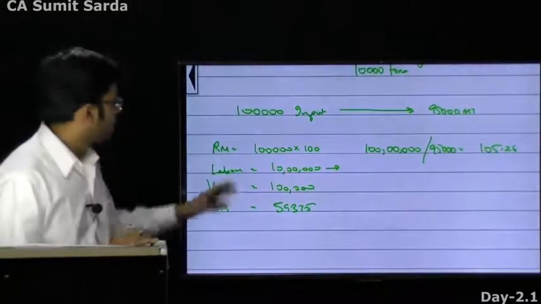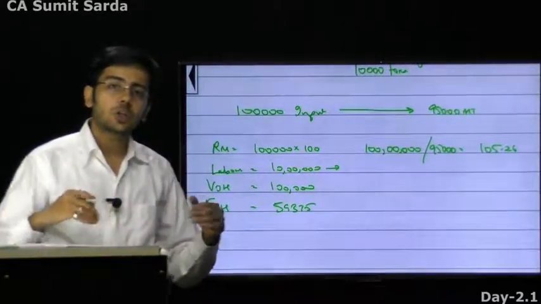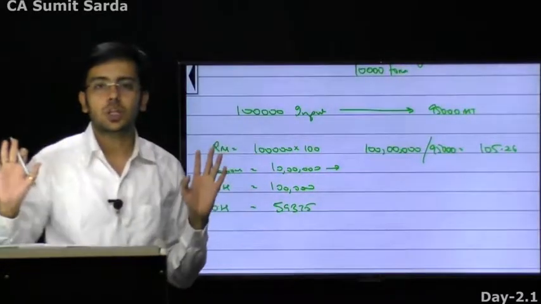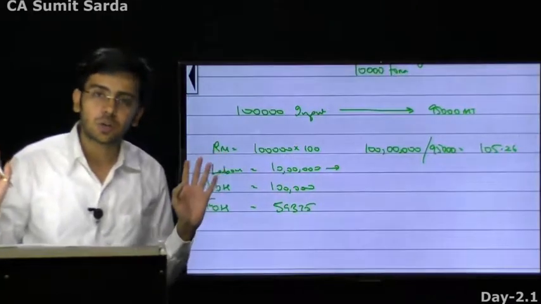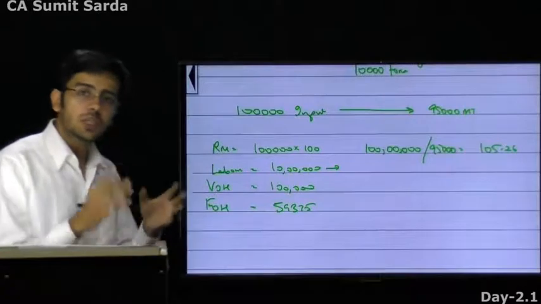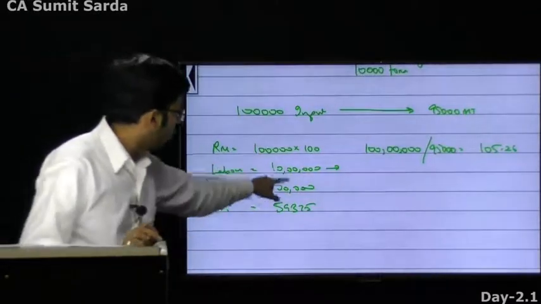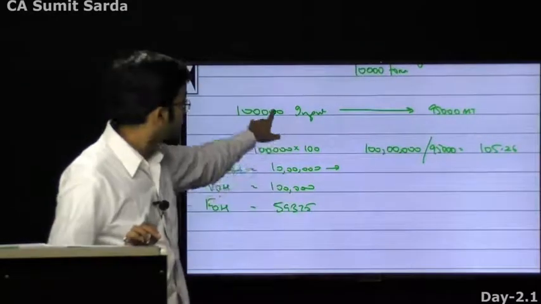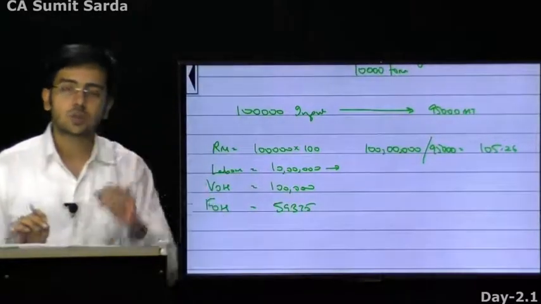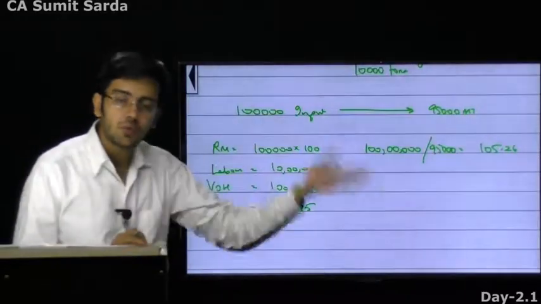Tell me, my friend, the raw material that was entered into the machine, did it on its own, without any labor, get converted into 85,000 units? So some people have worked on it, the machine has worked on it, the labor has worked on it. All these expenses were actually incurred on 1 lakh units, not on the 85,000 units that you got as final production. It was after these expenses that we got 85,000 units as production.